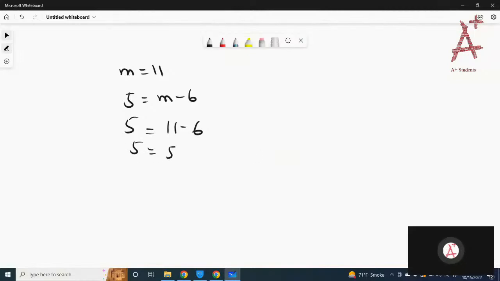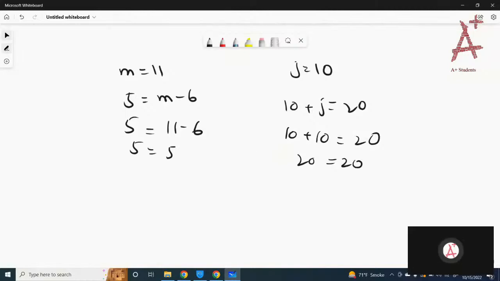That means yes, it is a solution of the equation. Got it? Okay, the next one: is j equals 10 a solution of the equation 10 plus j equals 20? Replace the j with the value. 10 plus 10 is 20. Yes, j equals 10 satisfies the equation. Got it?